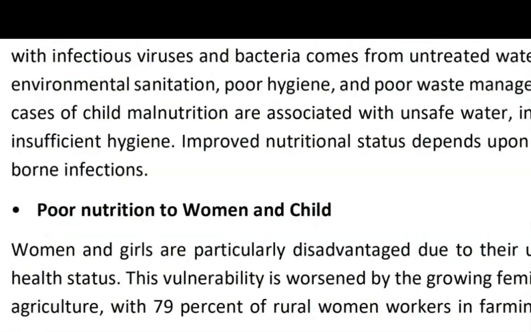Though the government has targeted schemes and programs for women and children, there is still a challenge of poor nutrition for women and children, because these are particularly the disadvantaged sections in our society, and the vulnerability increases by the growing feminization of poverty and agriculture.